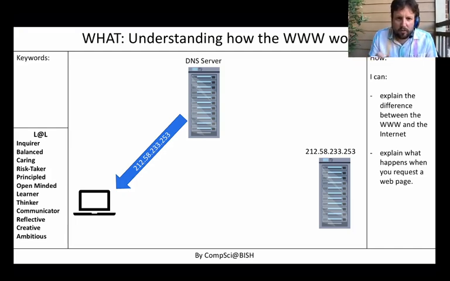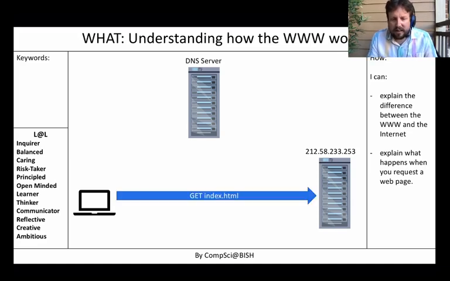Once our computer has got the IP address, it can then send what's called a GET request. Again, this is all from the browser, which is going to get the web page. It's got the IP address from the DNS server, so it knows where to send that GET request.